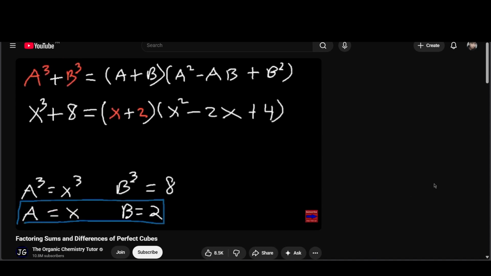So we're just going to have this long formula in order to factor sums and differences of cubes. The sum of cubes rule. I'll be right back. So we're just going to follow this formula.